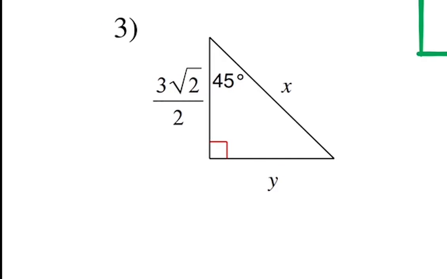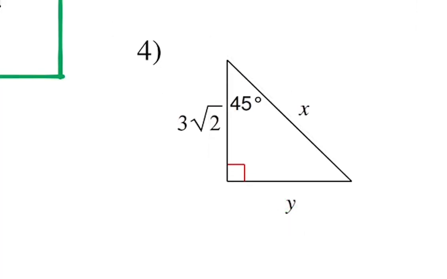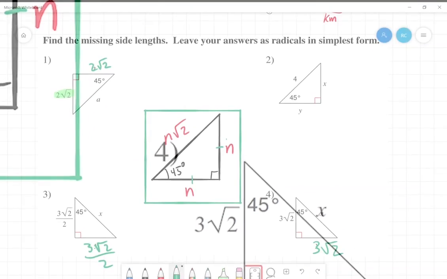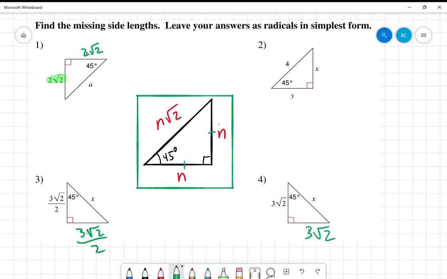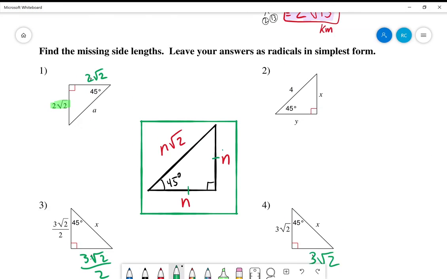So this one over here looks kind of ugly, but all I have to do is copy paste. And this one over here, y is 3 times the square root of 2. Again, if you have one leg of a 45, 45, 90 triangle, you automatically have the other one without having to do anything. The multiplier, the ratio, is 1.